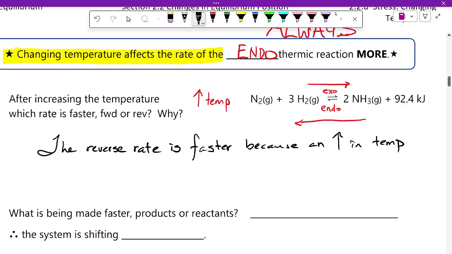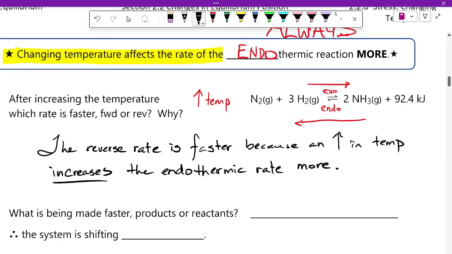The reverse rate is faster because an increase in temperature increases the endothermic rate more. And if that's the case, if we're looking at those two arrows, what is being made faster?